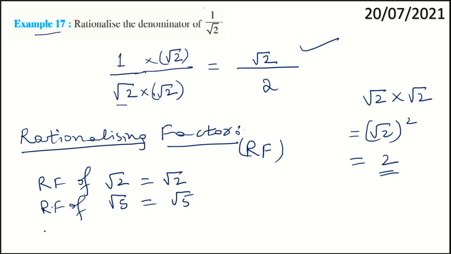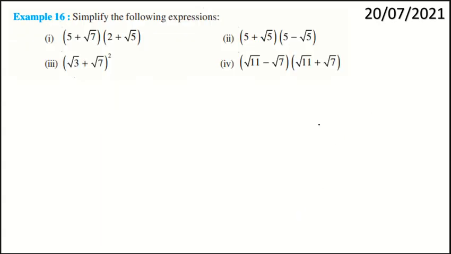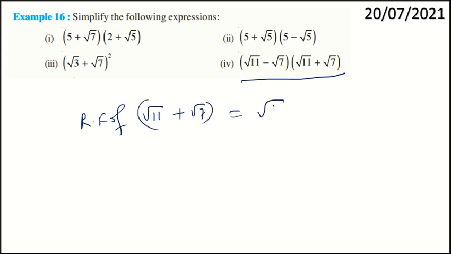Okay. Next, what is the rationalizing factor of root a plus root b? So root a plus root b, when multiplied by root a minus root b, gives a minus b, like in the last question we did. See, the rationalizing factor of root 11 plus root 7 is root 11 minus root 7. Why?